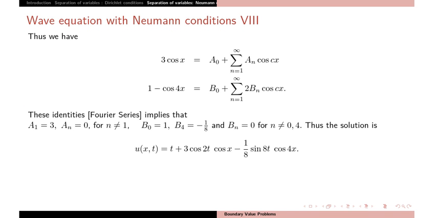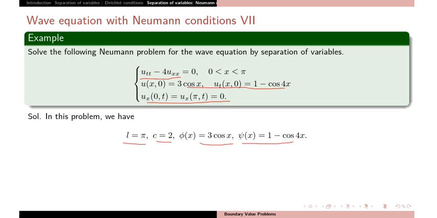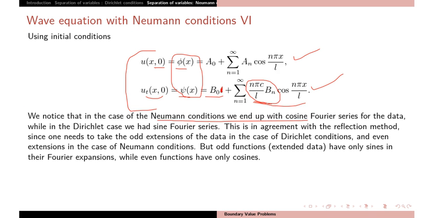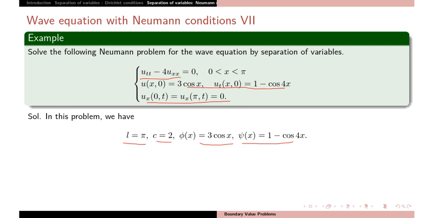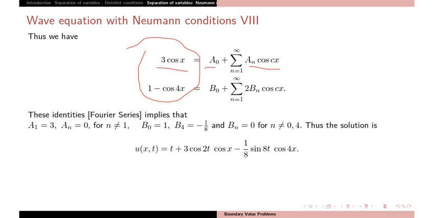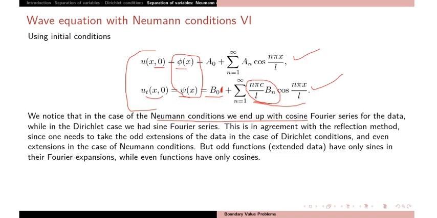So I am using that last formula as it is. Phi x equal to a0 plus sum of a_n cos n pi x by L. Since L equals pi, pi by L will be 1, so a_n cos nx.